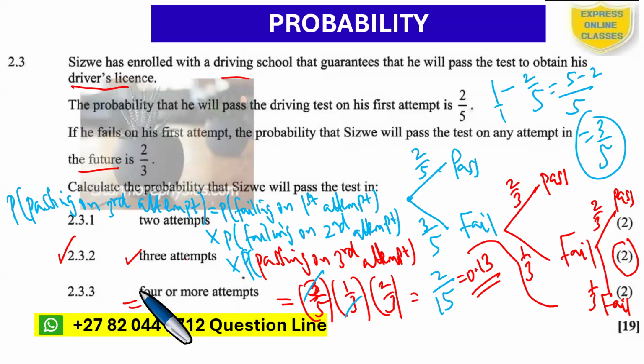But now we're saying calculate the probability that he will pass the test in 4 or more attempts.